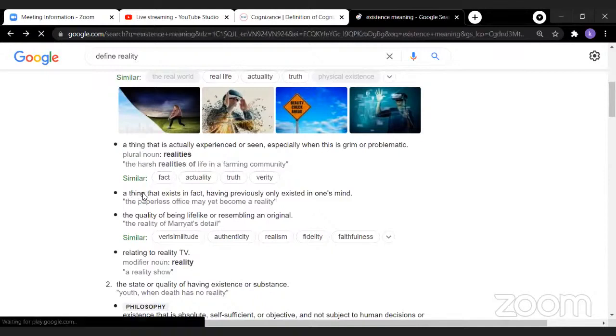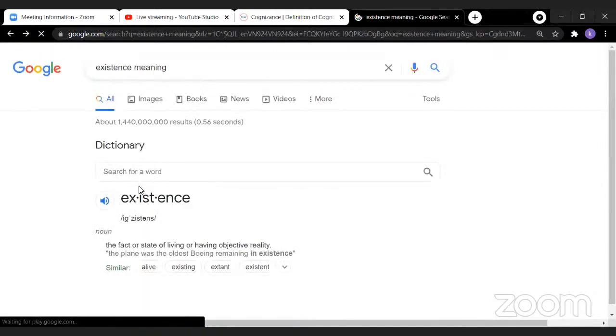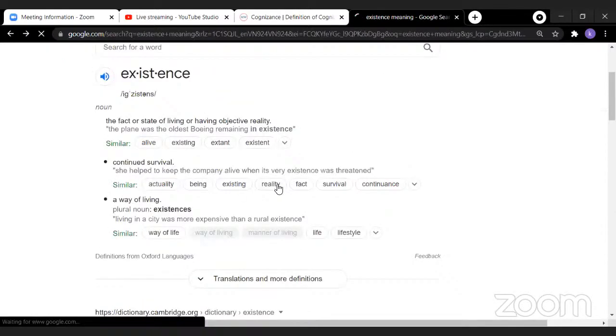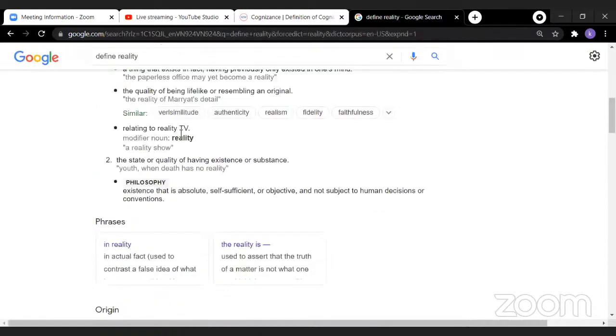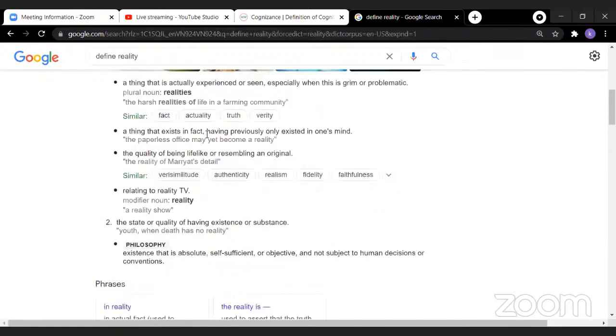Okay, so here's another definition. Reality, a thing that exists in fact, have previously only existed in one's mind. No, that would be abstract.